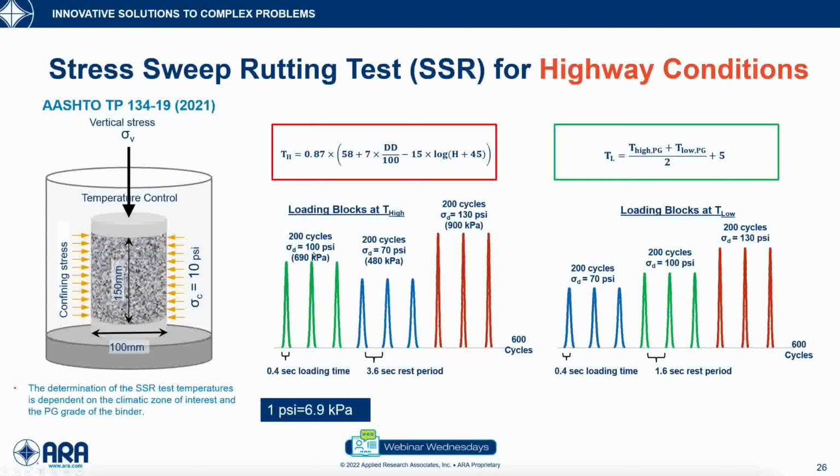We load at 200 cycles at 100 psi, 200 cycles at 70 psi, 200 cycles at 130 psi, and we measure, of course, the strains from these loading blocks. We also apply confining pressure of 10 psi. The vertical stresses and the confining stress are all basically obtained from a finite element analysis that simulates the conditions of stress and strain states under a truck traffic of a highway condition.